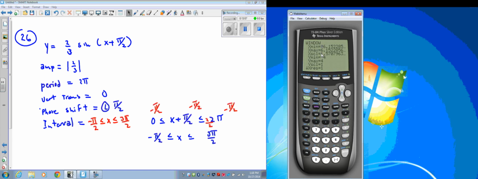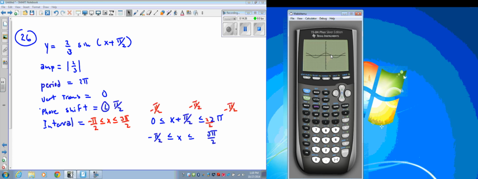And vertically it's minus 4 to plus 4 with hash marks at 1. So when you look at this, this is pi over 2, this is pi, this is 3 pi over 2, and this is 2 pi. And this is 1, so it looks like it's 2/3 high, 2/3 low.